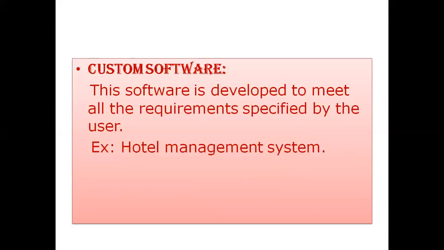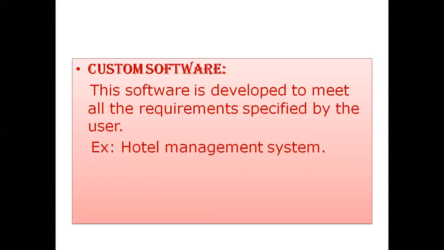Okay, children? Like that only, hotel management system. In hotel management system application also, it contains all the details regarding the hotel. That means how many rooms are available, how many are occupied, how many of them are vacant. All these details are available in that particular application. Only regarding the hotel is available.